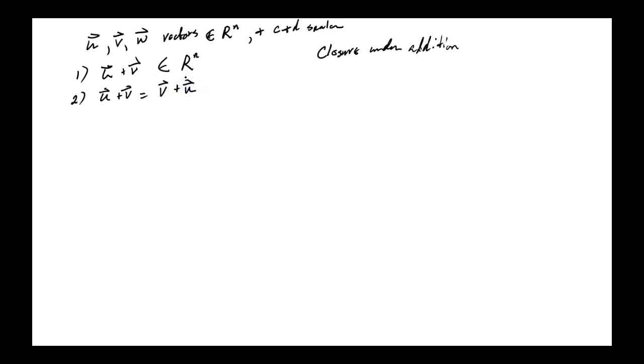And if you think about it, this is U1 plus V1, U2 plus V2, U3 plus V3. And what's this one? V1 plus U1, V2 plus U2. They're the same thing, because the components are real numbers, and real numbers are commutative in addition, so are vectors. So vector addition in Rn is commutative.